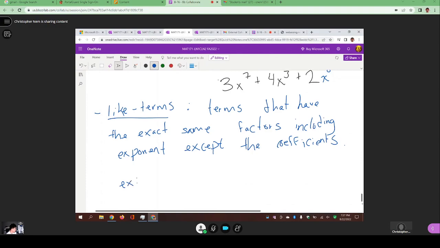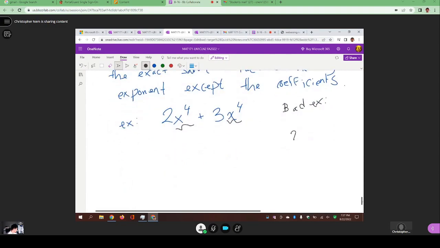Example, 2x to the fourth plus 3x to the fourth. These guys are like terms. This is x to the fourth, and that's x to the fourth. Now, some bad examples. A bad example would be 2xy plus 2x squared, or just 2x. These are not like terms because this guy has an xy.